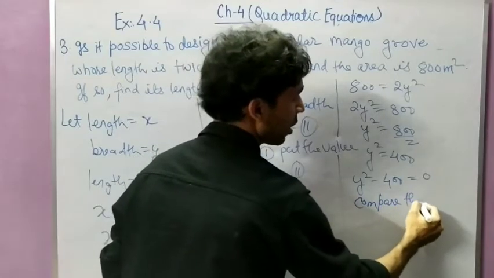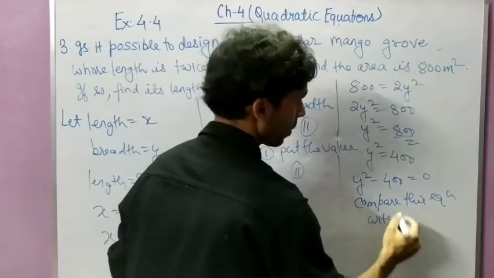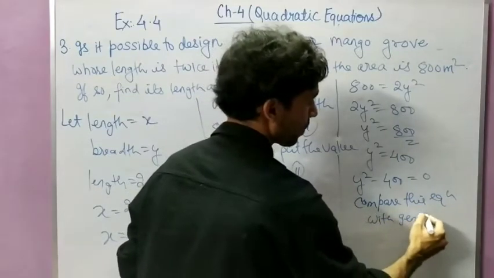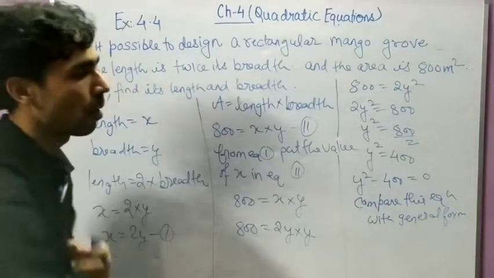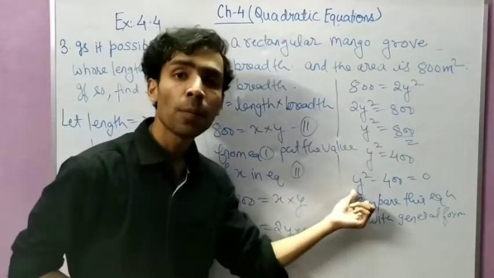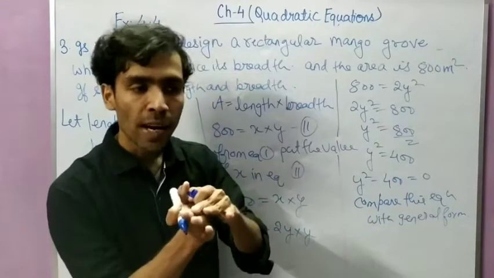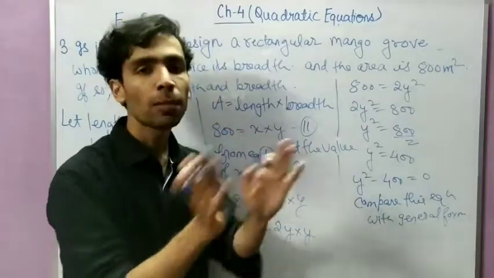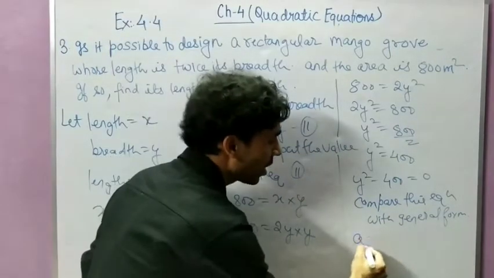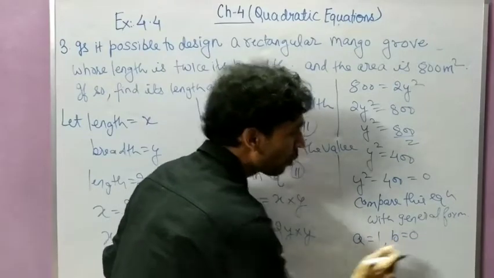Compare this equation with the general form. Now students, see, there is no term of y. So when we compare y square term to y square, y term to y, and constant term to constant term, we will get a equal to 1 and b equal to 0. Why b equal to 0?